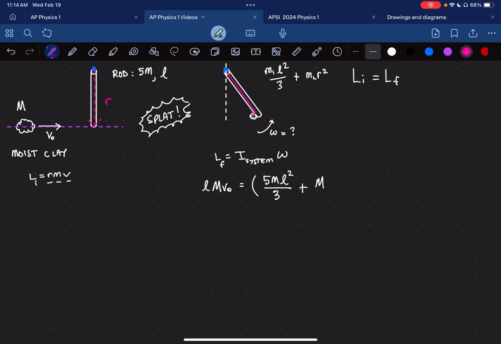This is the distance r, it's at the end of the rod. It's still L, but conceptually it's a different r, times omega.